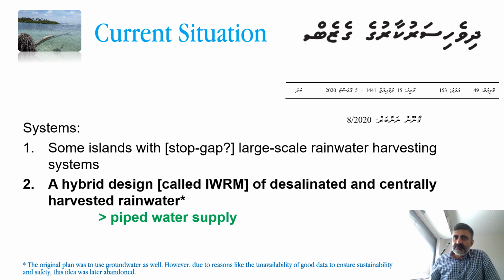That was probably why these systems were termed Integrated Water Resource Management or IWRM systems. But later, the use of groundwater was abandoned due to different reasons, including the pollution and the difficulty of ensuring the sustainability of the groundwater pumping.